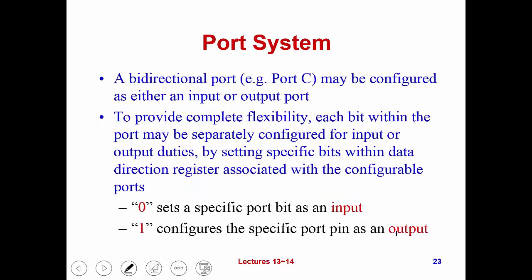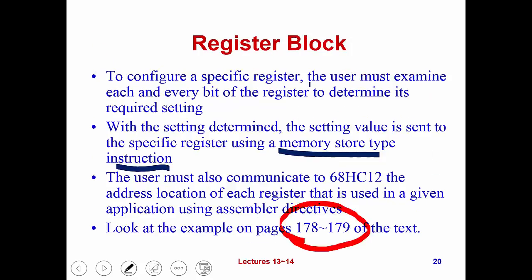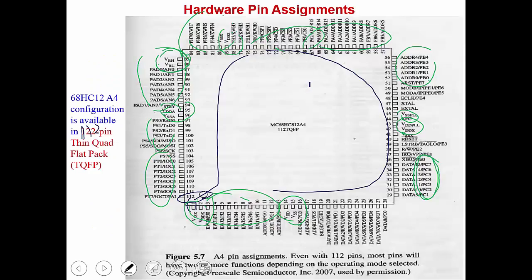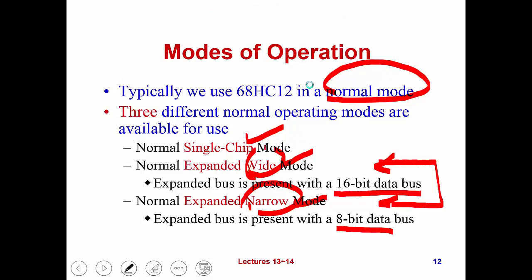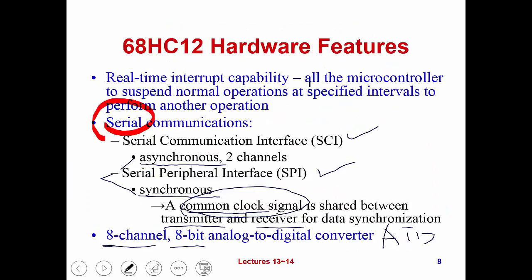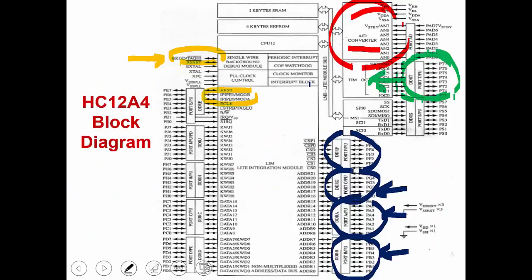So for bidirectional ports, some ports only work for one direction. Some other ports are bidirectional, like port C. If you go back to the block diagram, it's right here.